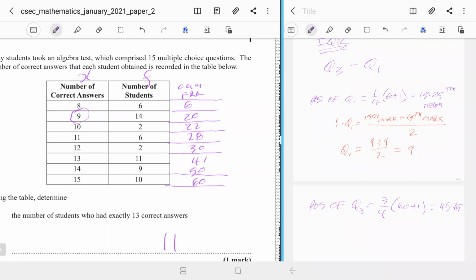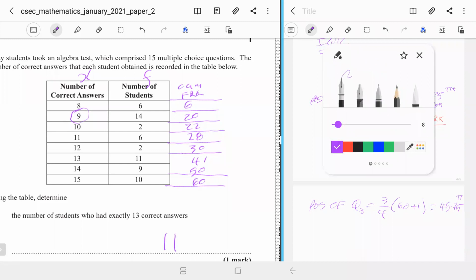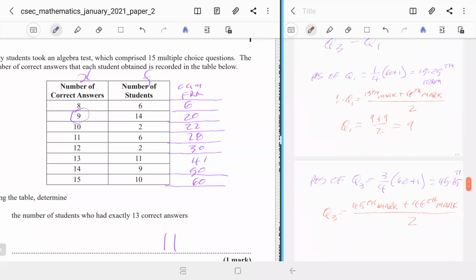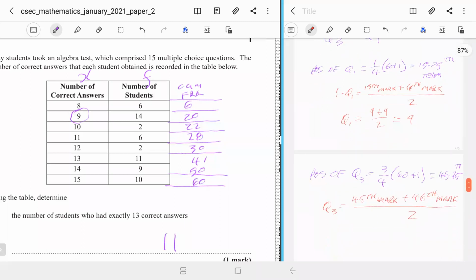So it's still halfway between the 45th and the 46th, right? Yes, sir. So therefore Q3 is the 45th mark plus the 46th mark divided by 2.